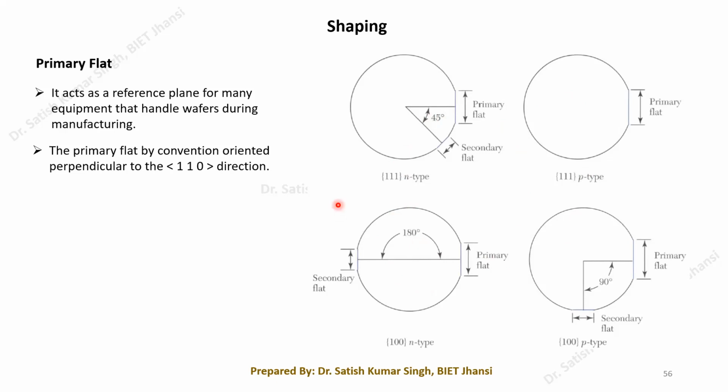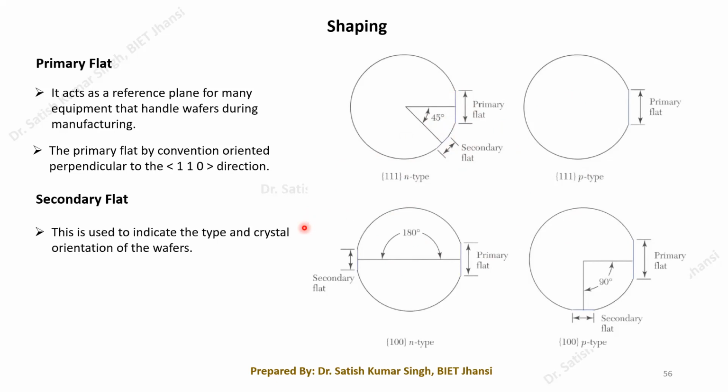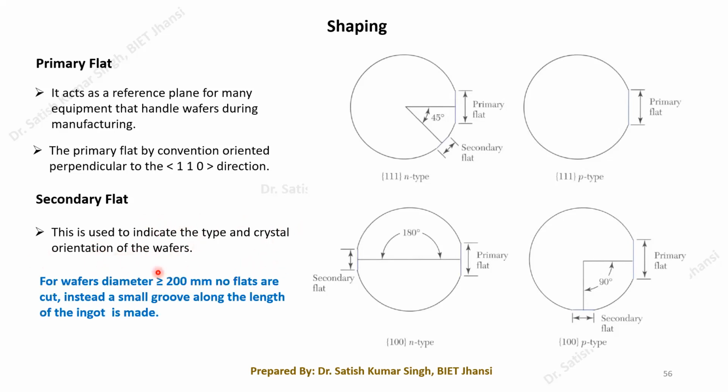You have to remember one thing: these flats are generally made for wafers with a diameter of less than 200 mm. Whenever it is greater than 200 mm, we generally don't make flats, but rather make a groove cut along the length of the ingot.